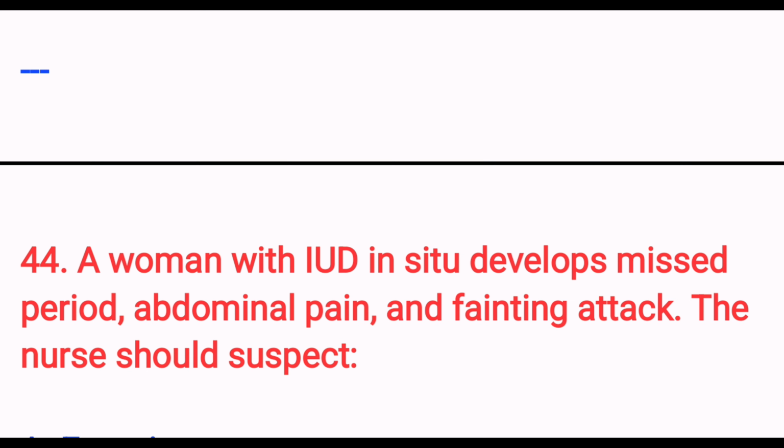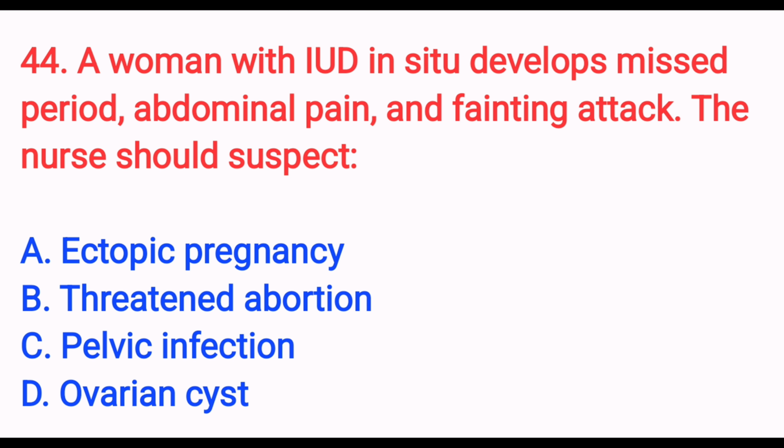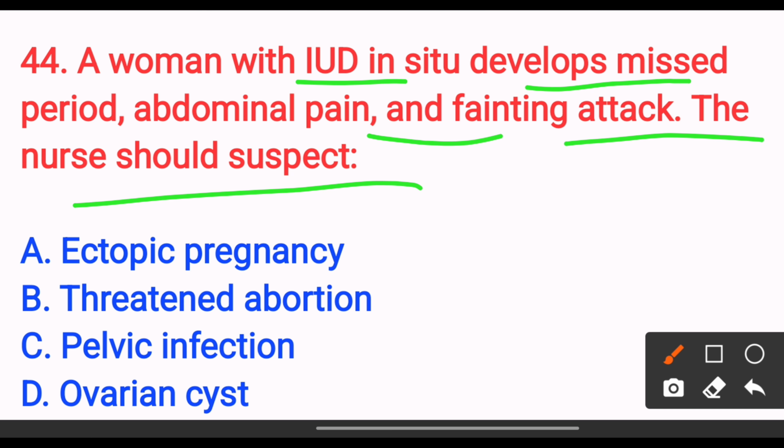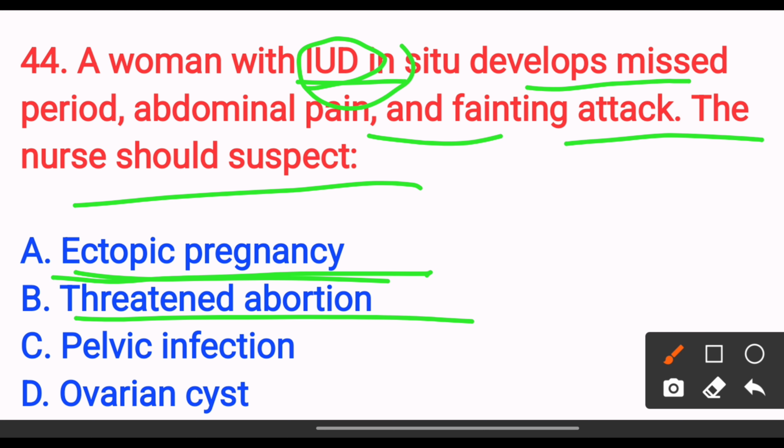Next, a woman with an IUD, intrauterine device, in situ develops a missed period, abdominal pain and a fainting attack. The nurse should suspect: option A, ectopic pregnancy; option B, threatened abortion; option C, pelvic infection; option D, ovarian cyst.